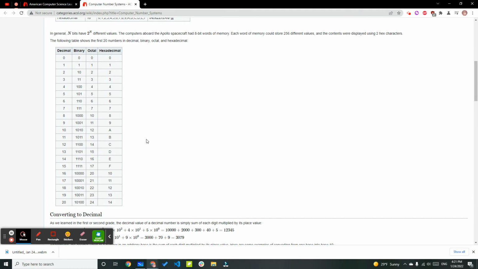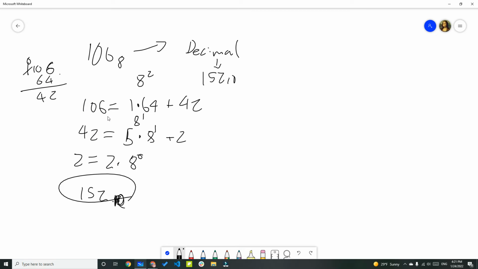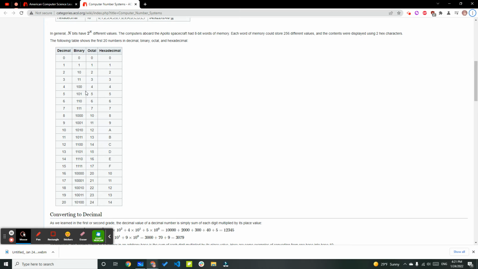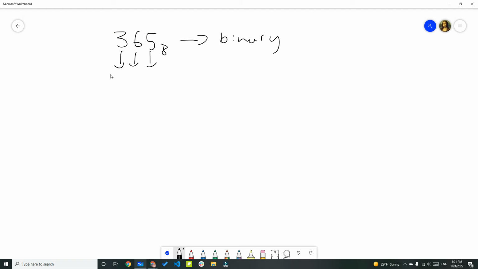So let's have an example. We want to convert 365 in octal to binary. So for 3, you find the individual binary numbers. 3 in binary is 11, so to make it 3 digits, you add a 0 at the front.